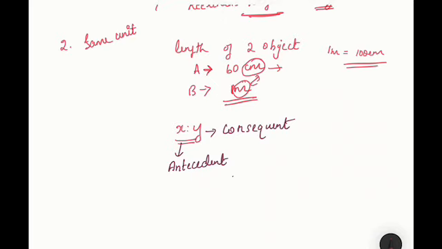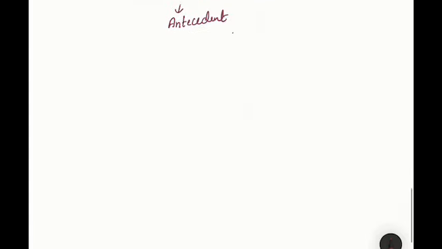Now, how do we find the ratio of two numbers? For example, I need to find the ratio of 60 and 40. So I'll do 60 by 40. The zeros get cancelled. 3 2s are 6, 2 2s are 4. So finally I'll get 3 by 2. How do we write it as a ratio? 3 is to 2.